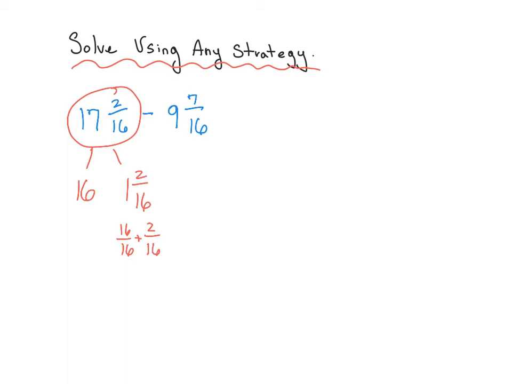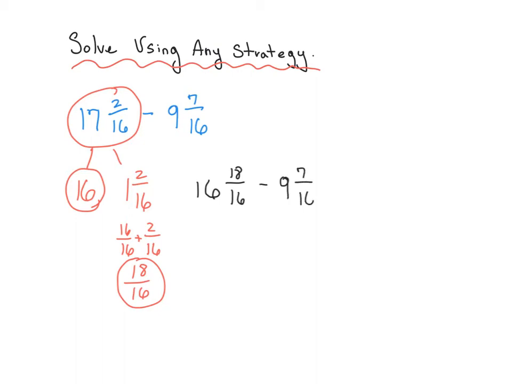So I am taking this whole, that would be 16/16 plus that 2/16, which would give me 18/16. All right, so now I'm going to take my 16 and my 18/16. That's a lot to say. And we're subtracting those. We get 16 and 18/16, and taking away the 9 and the 7/16 is equal to 7, and then 18 take away 7 is 11/16.